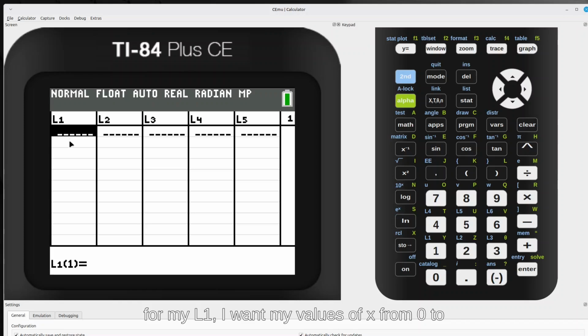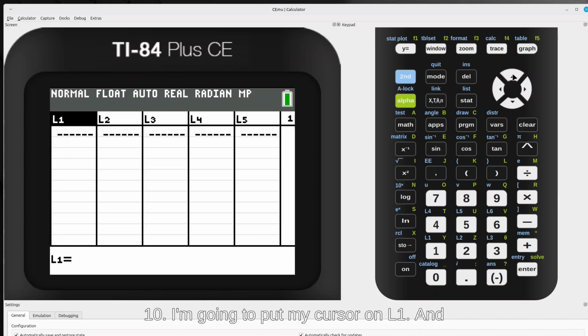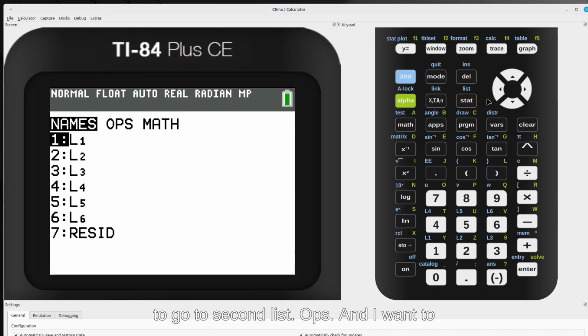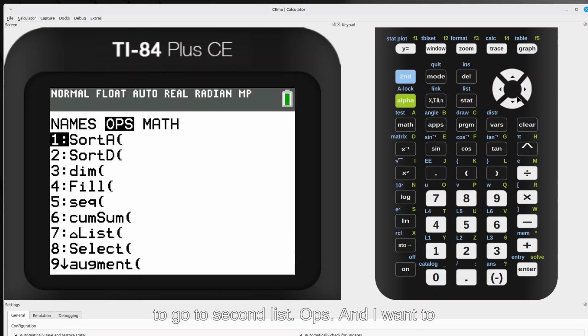So for my L1, I want my values of x from 0 to 10. I'm going to put my cursor on L1, and go to list. So I'm going to go second list, ops, and I want to do a sequential number 5.